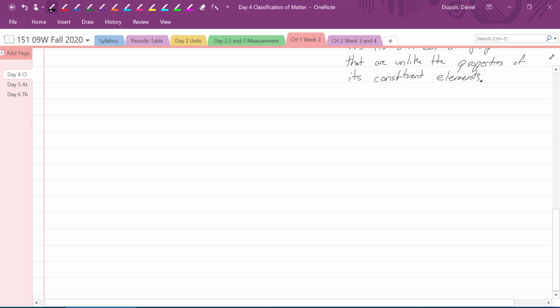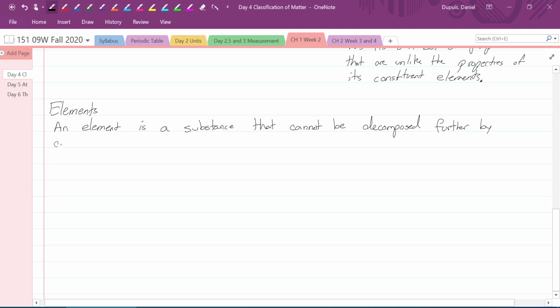So let's break down elements more. So we talk about elements, right? An element is a substance that cannot be decomposed further by chemical means.